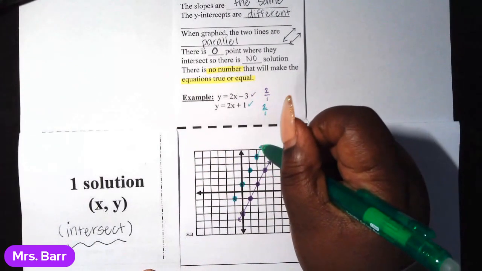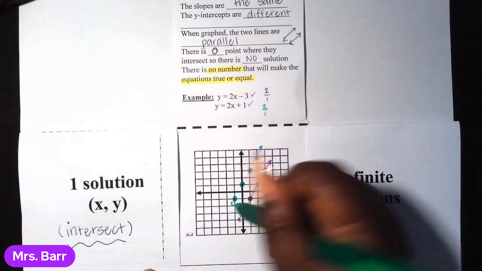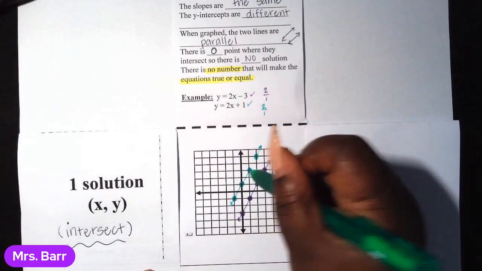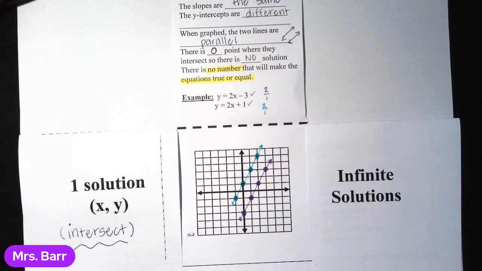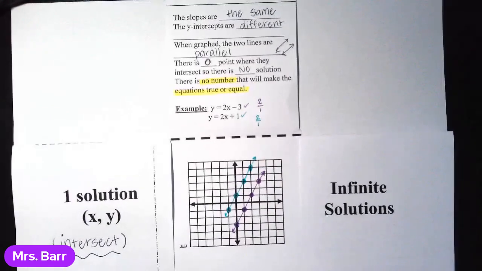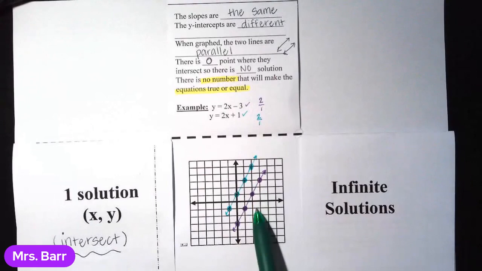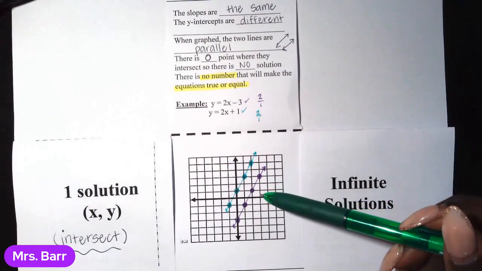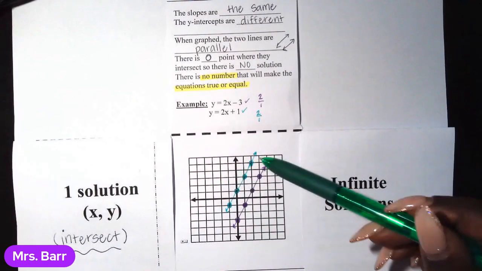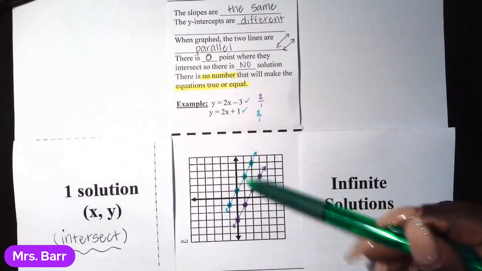And so once again, if you look at my graph and the two lines that I have shown, they are two parallel lines. When you graph, the two lines are parallel, and that's exactly what I have here. Two lines that are parallel, which means they will not cross. They will not intersect. So do you have a solution? No, because there's no point where these two lines are going to intersect.